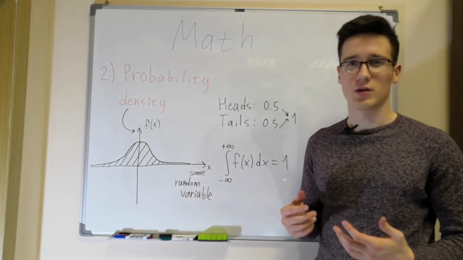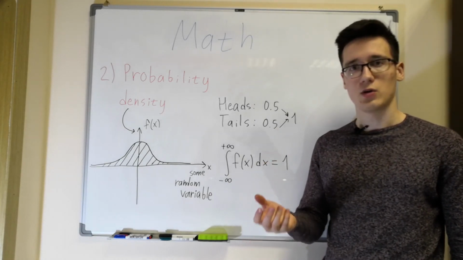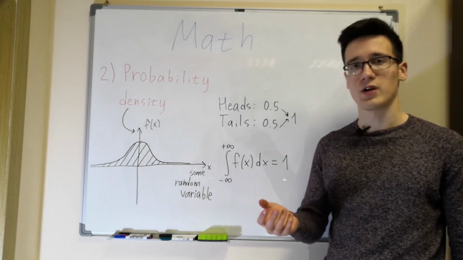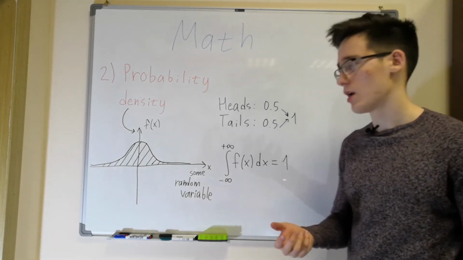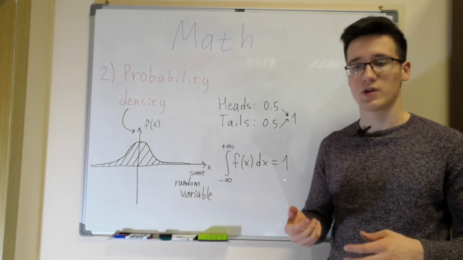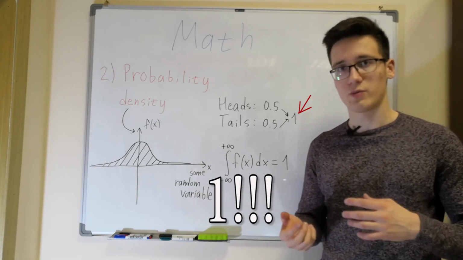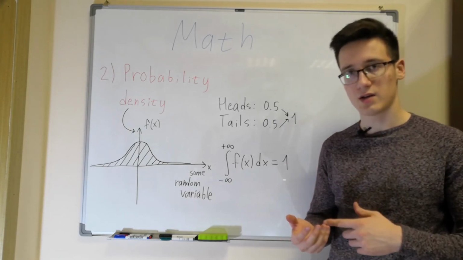As you probably know, if you toss a coin and then catch it, you have an equal probability of getting either heads or tails. And if we set the total probability to 1, the probability of heads and the probability of tails will be 0.5.